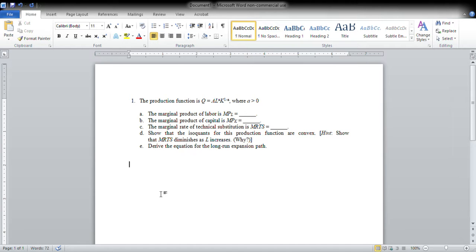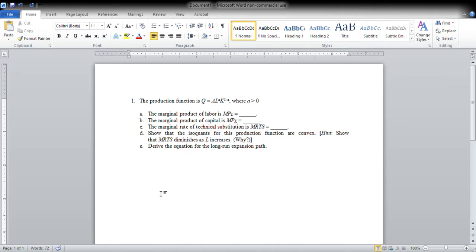Take it bit by bit. Q is the maximum output, which we can also call production. AL to the power of A is average labor. AL, average labor.